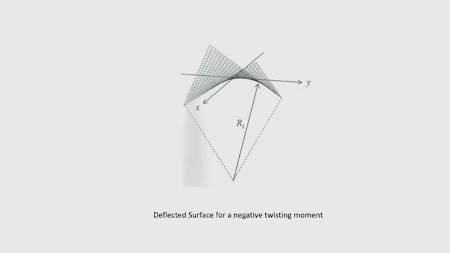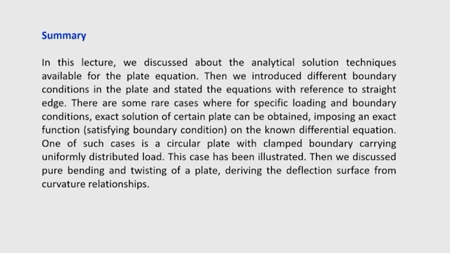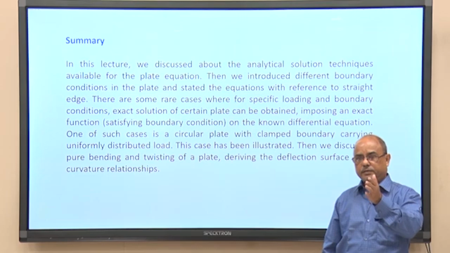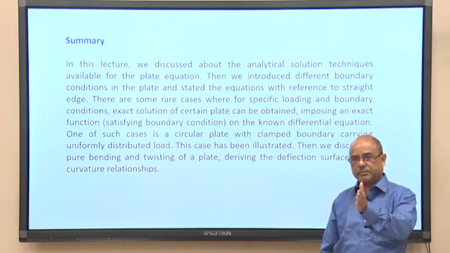Okay. So, let us see whatever we have covered in this lecture. Let me summarize this. In this lecture we discussed the analytical solution technique available for the plate equation. Then we have introduced different boundary conditions in the plate, classical boundary conditions and non-classical boundary conditions. Plate edges simply supported, clamped, free, these are the 3 classical boundary conditions.